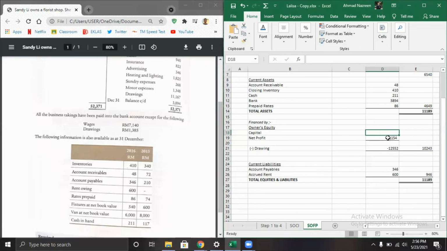For capital, 9,641. How did you get this value? From the information. Okay. To find the capital value from the owner equity, we need to plus the drawing and then minus the net profit. So we get the capital amount.